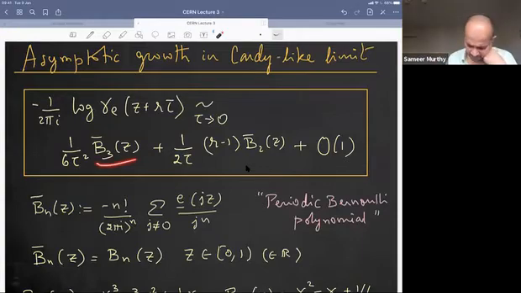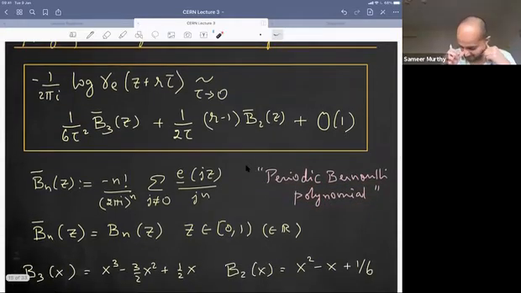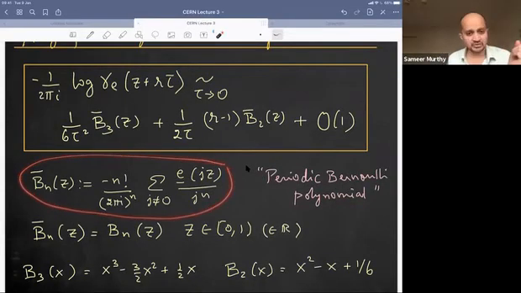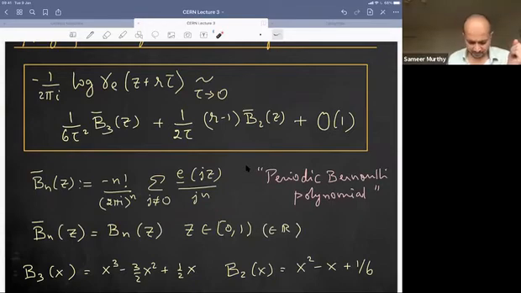The coefficients are what are called periodic Bernoulli polynomials, which is, of course, a misnomer. You can't have a periodic polynomial. The definition is through a Fourier series of this type. The reason they're called this is that when the argument is real and between 0 and 1, it's actually the Bernoulli polynomial, in the whole strip.